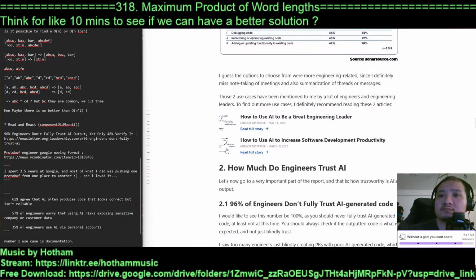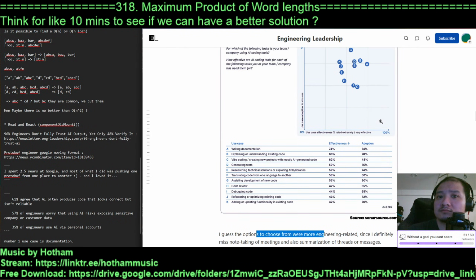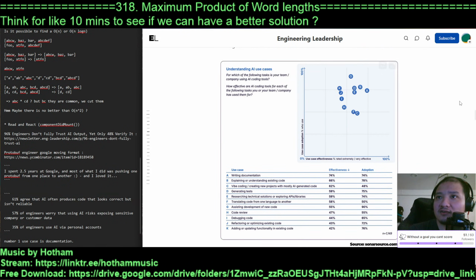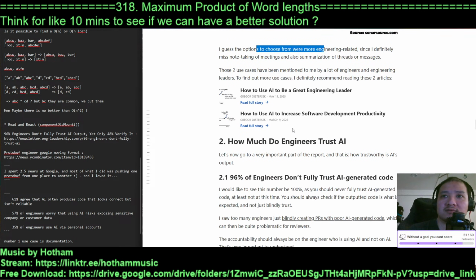Okay. Explaining and understanding existing code by coding too as well. Wow. Just screenshot this later on.